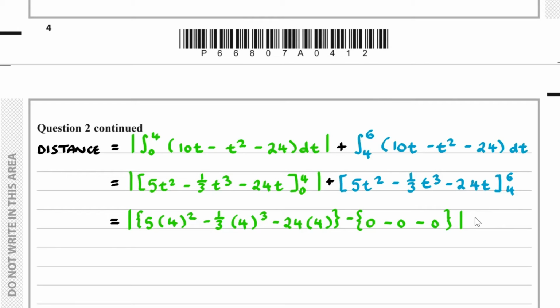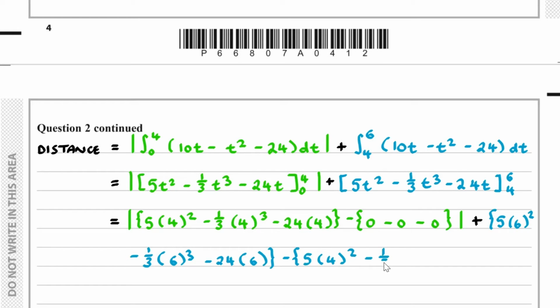And then we add on the upper limit of the second integral, which is 5 lots of 6 squared minus 1/3 lots of 6 cubed minus 24 lots of 6, minus 5 lots of 4 squared minus 1/3 lots of 4 cubed minus 24 lots of 4.